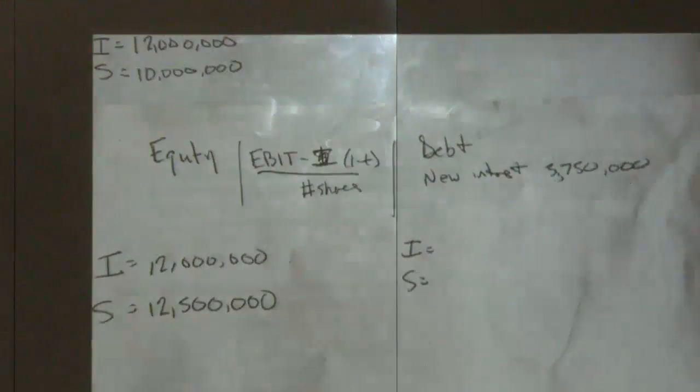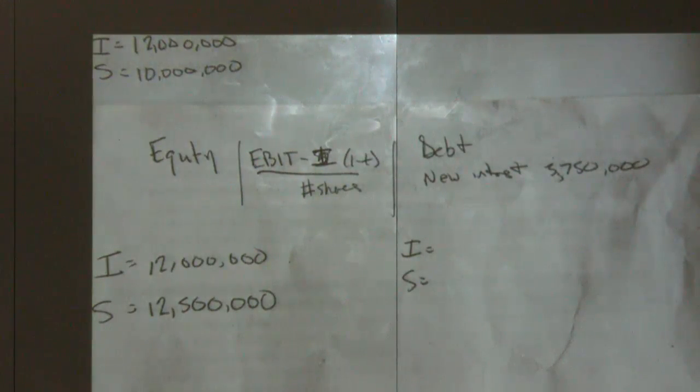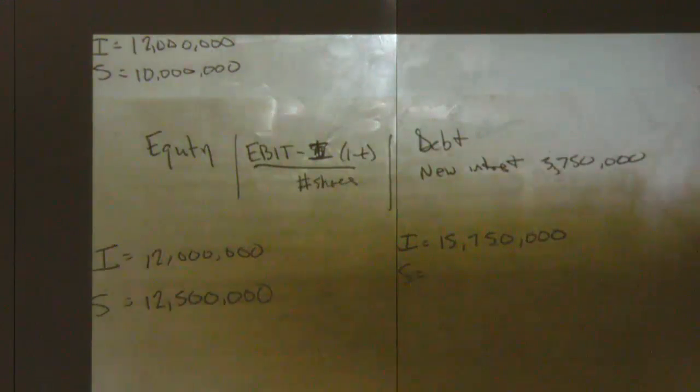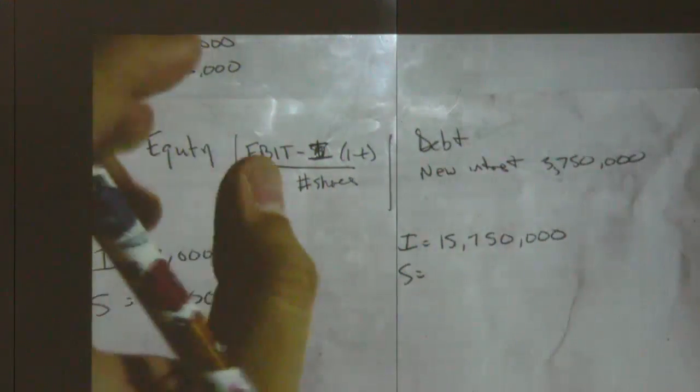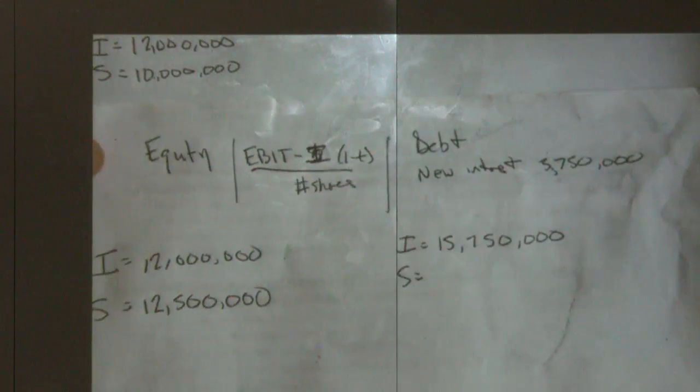This is our new interest we'll be adding onto our existing interest. So we'll be adding the 3,750 to our 12 million, and that'll be 15. And since we're only doing a debt option here, there's no increase to shares. So our shares stay the same at 10 million.